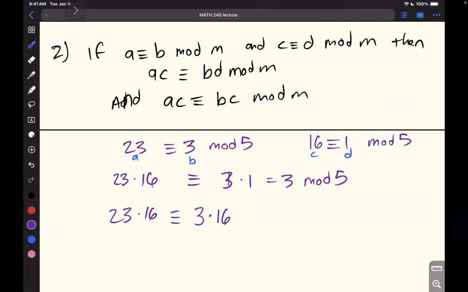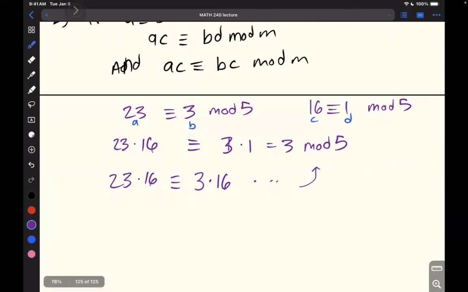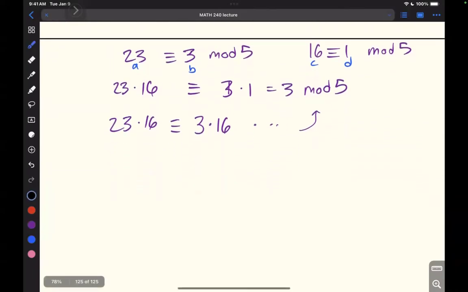And you can see how, if we use AC as equivalent to BD, that gives us what we want, where we end up multiplying 3 by 16, and 16 is equivalent to 1, and so that makes the math work out. So hooray, we can multiply things.